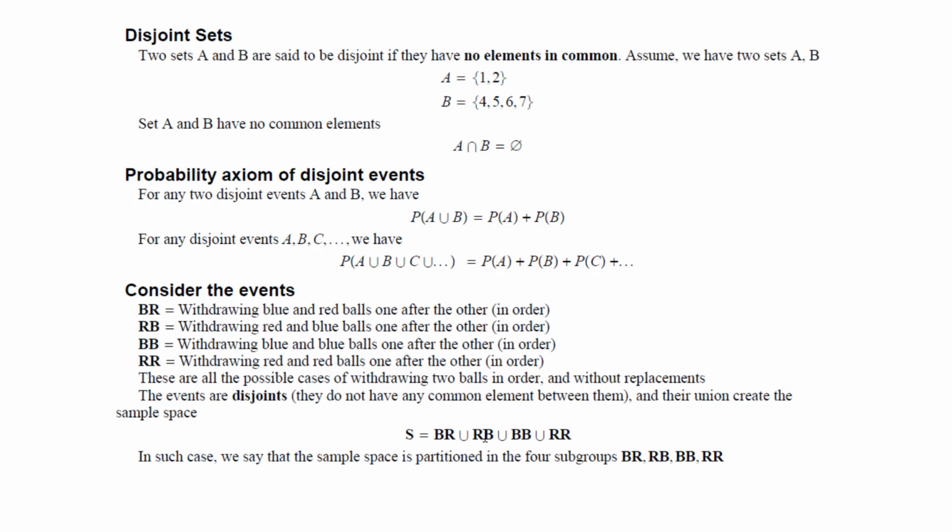So these four events, or subgroups, are called a partition of the sample space itself. It's as if the sample space is a house and we created partitions, we created rooms. Every room is one of these subgroups, and their union is going to be the house itself, or the sample space itself.